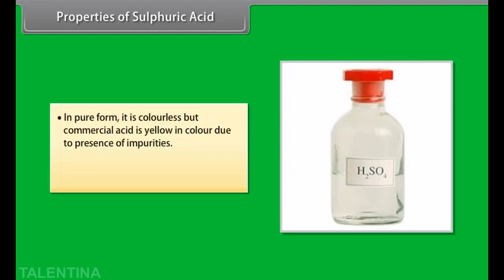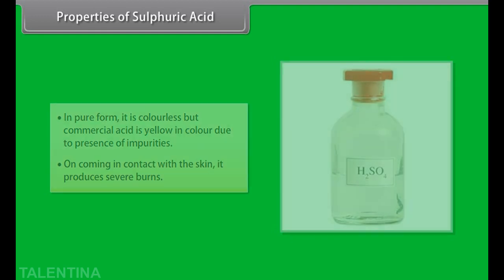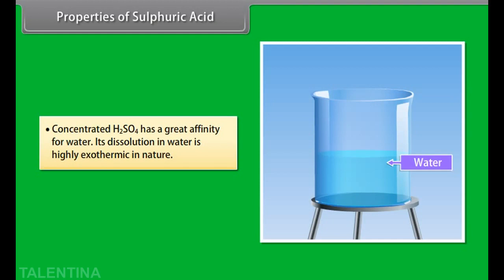Properties of sulphuric acid. In pure form, it is colorless, but commercial acid is yellow in color due to the presence of impurities. On coming in contact with the skin, it produces severe burns. Concentrated H2SO4 has a great affinity for water.